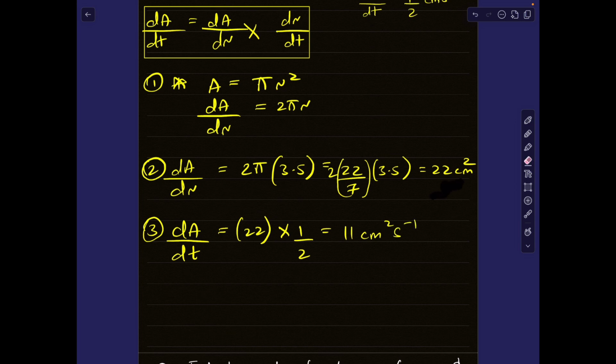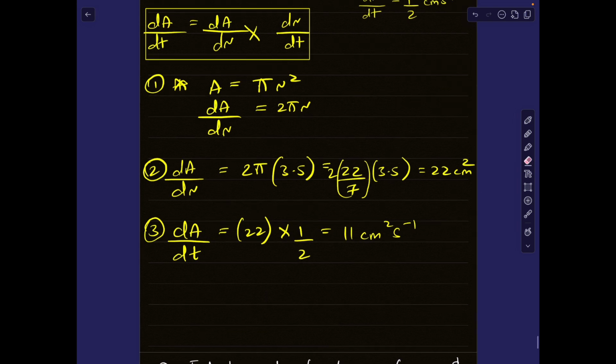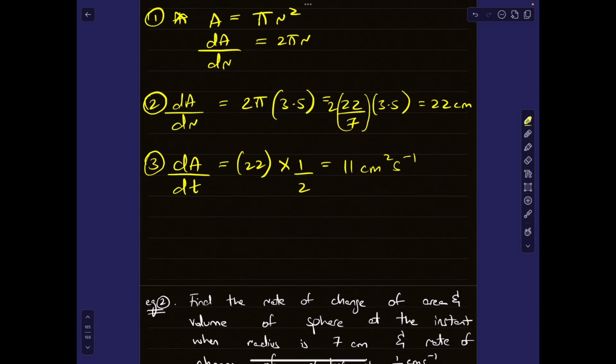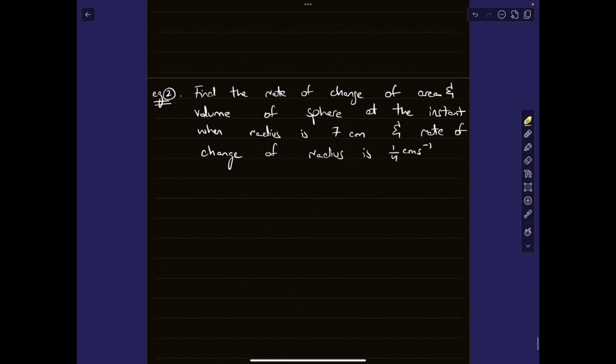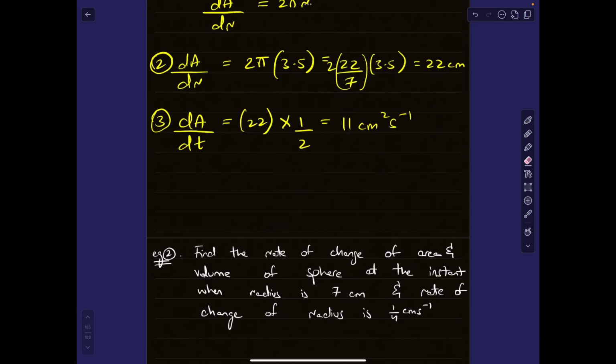That's the rate of change of area. Alright, this is gonna be centimeters, my bad, since this was area and this is dA over dr. Just satisfy the units, mind you.